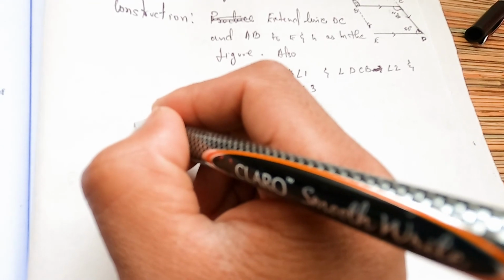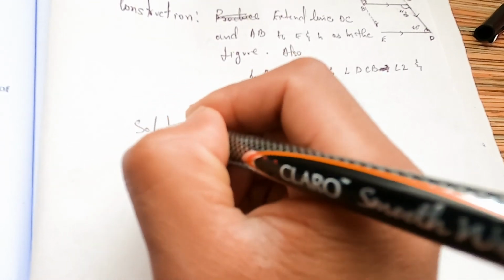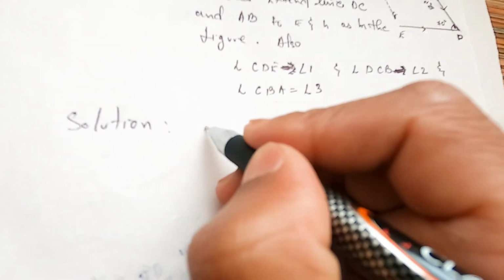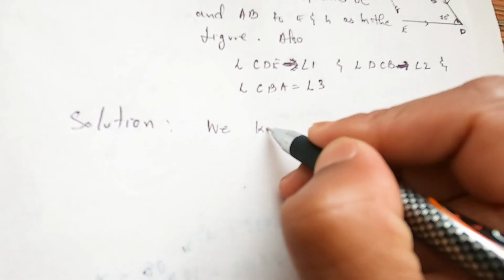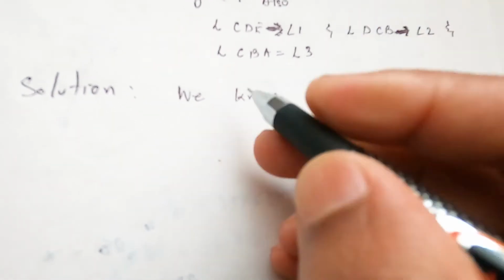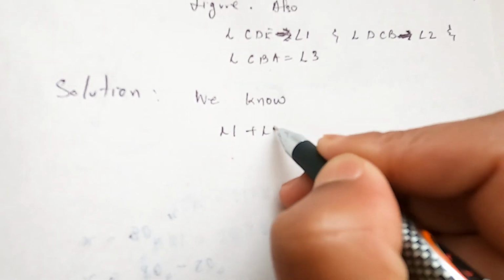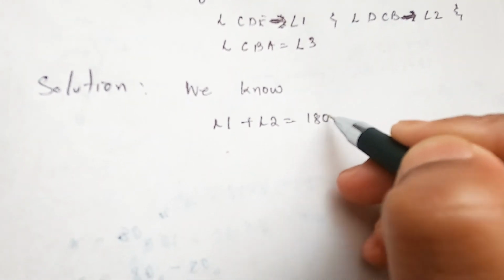Solution. So you write: we know angle 1 plus angle 2 is equal to 180.